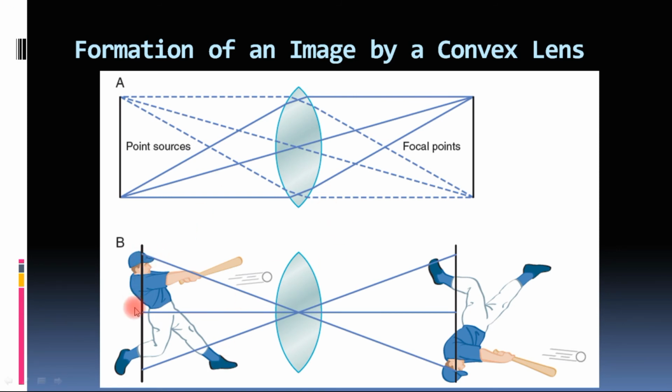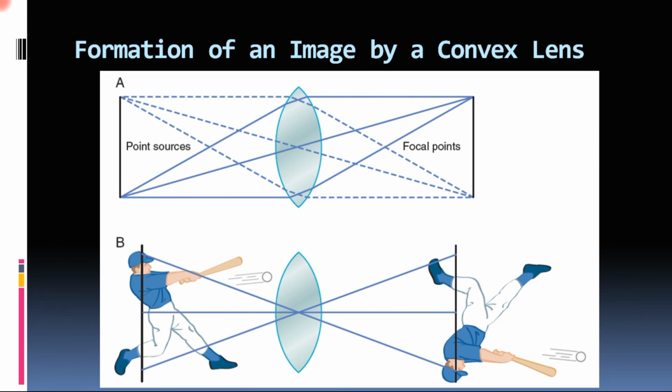For example, if we see this person, if the light rays are passing through the lens, the ones coming from the top will be focused on the bottom, and the ones coming from the bottom will be focused on the top, and the same happens on the lateral sides of the image also.